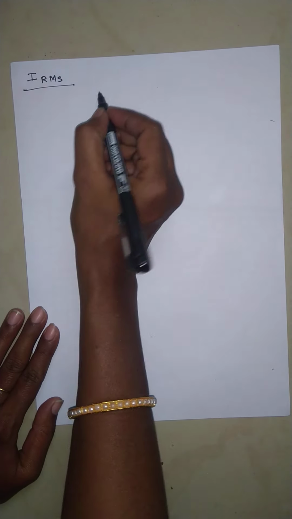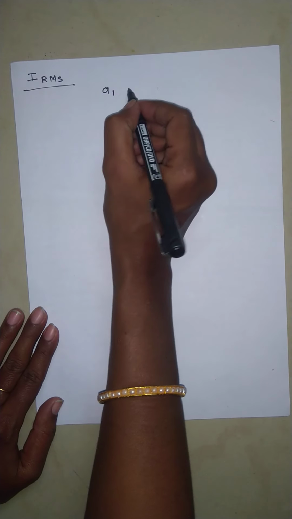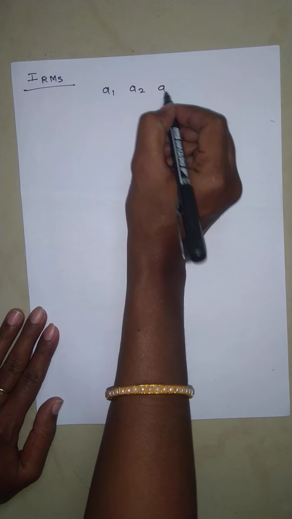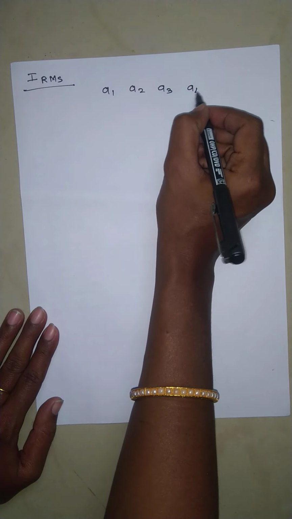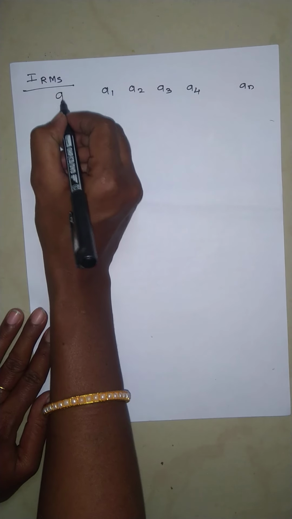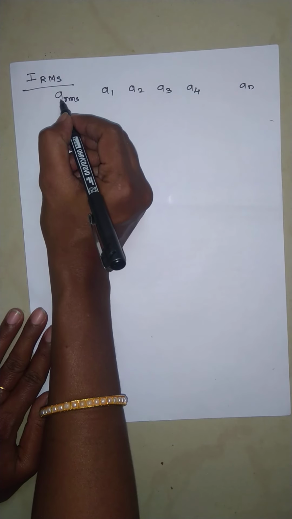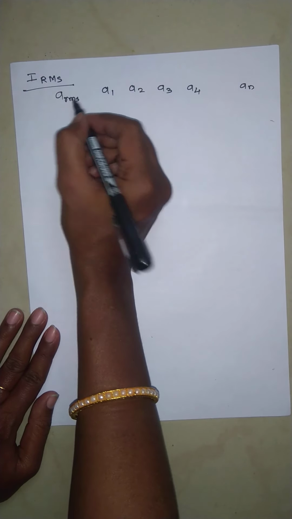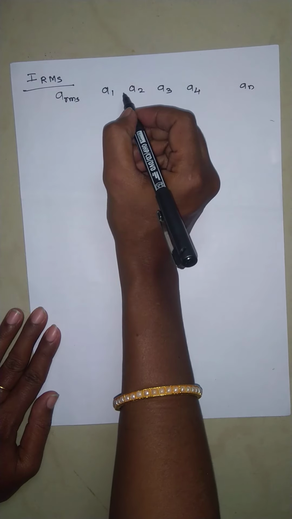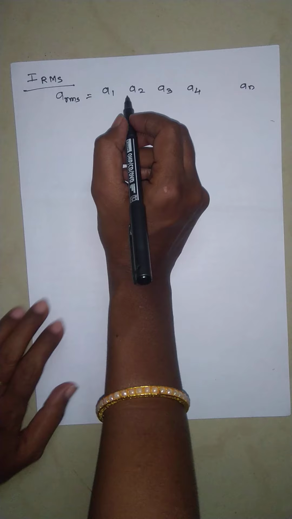As I have said, if there are various values like A1, A2, A3, A4 and so on, AN, and I have to obtain the value of ARMS, the root mean square value of A, how can we obtain this?